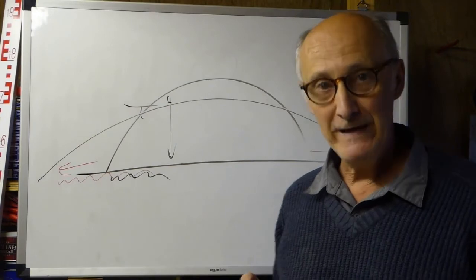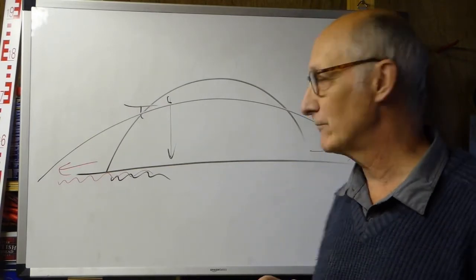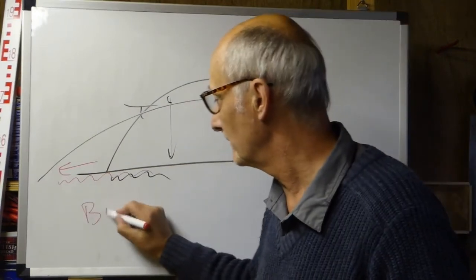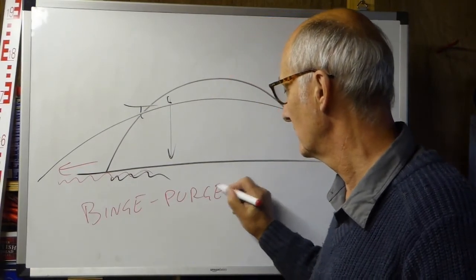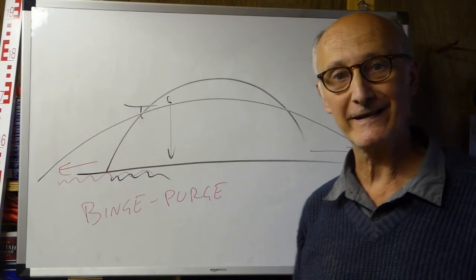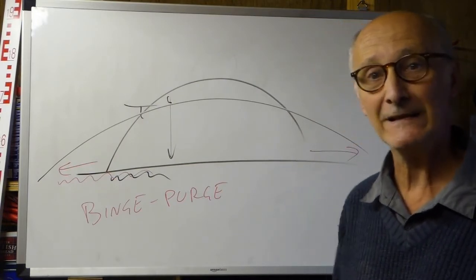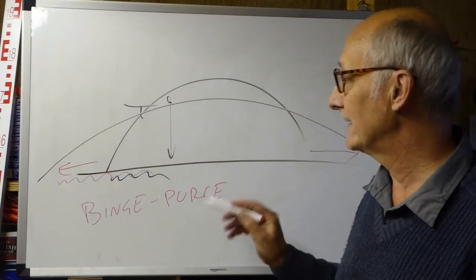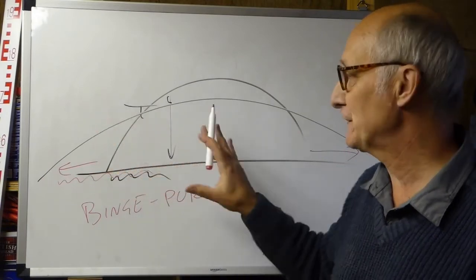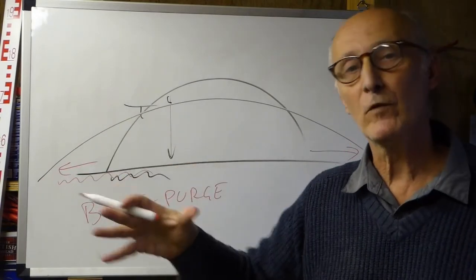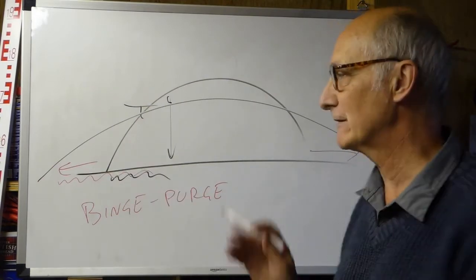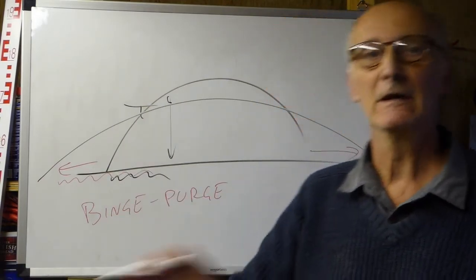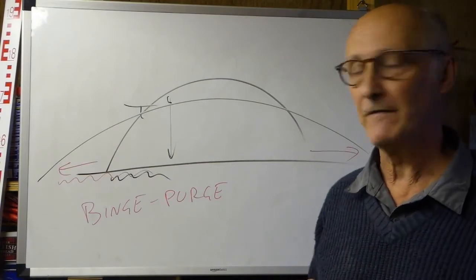Now, as part of the reading that I'd like you to do associated with this, look up binge-purge oscillations of the Laurentide ice sheet. That's some work that was done by Doug MacAyeal a while ago, and it talks about this idea of shifting from one ice sheet profile to another as a result of changes in bed conditions resulting in the periodic expansion of the ice sheet.